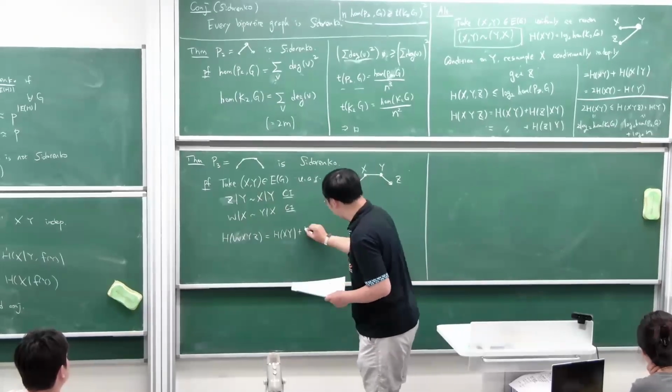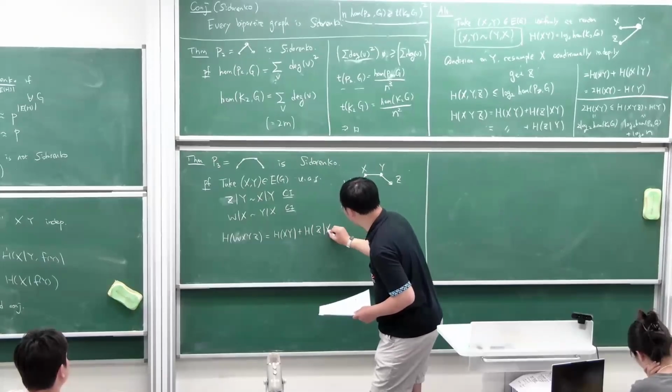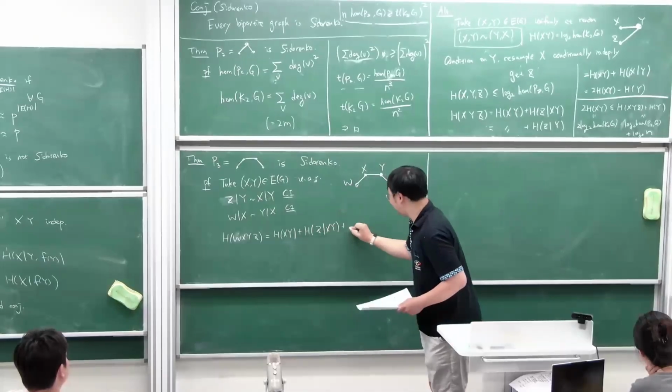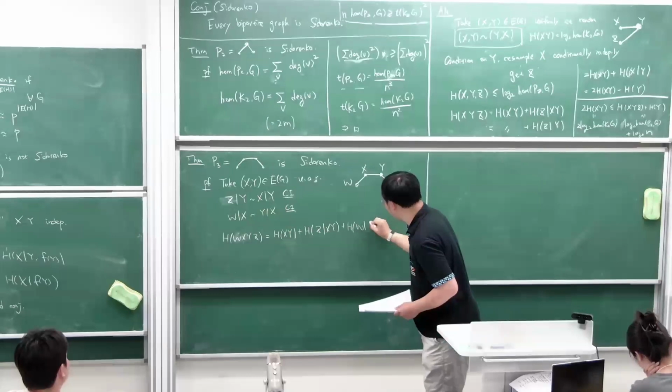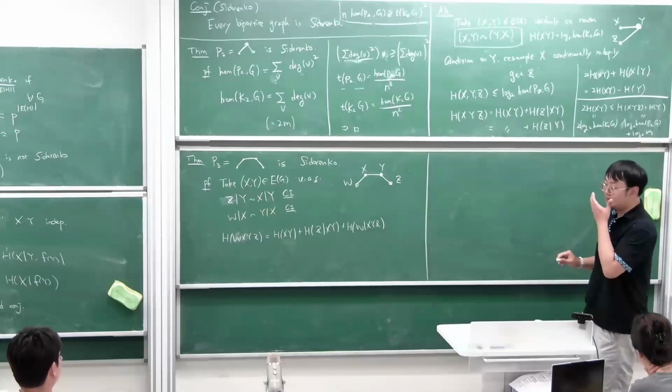The second term is Z condition on X and Y. And finally, you get W condition on X, Y, Z. This is the chain rule.